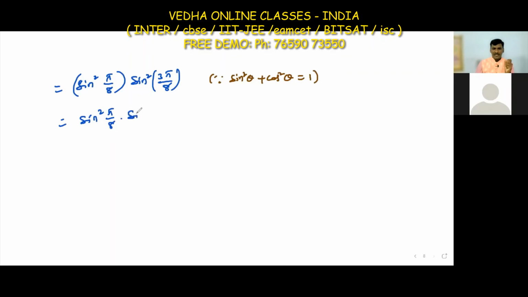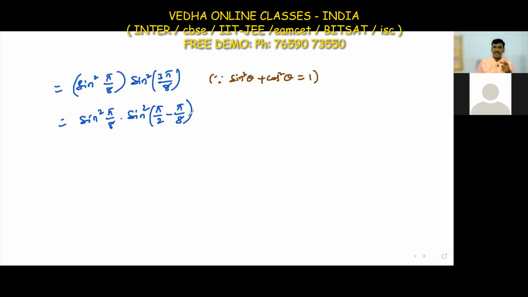So can we write sine of 3 pi by 8 as sine of pi by 2 minus pi by 8? Check it once. In the simplification, 8 is the LCM, 2 times 4 is 8, so 4 pi minus pi, that is 3 pi by 8. Are we getting the same?